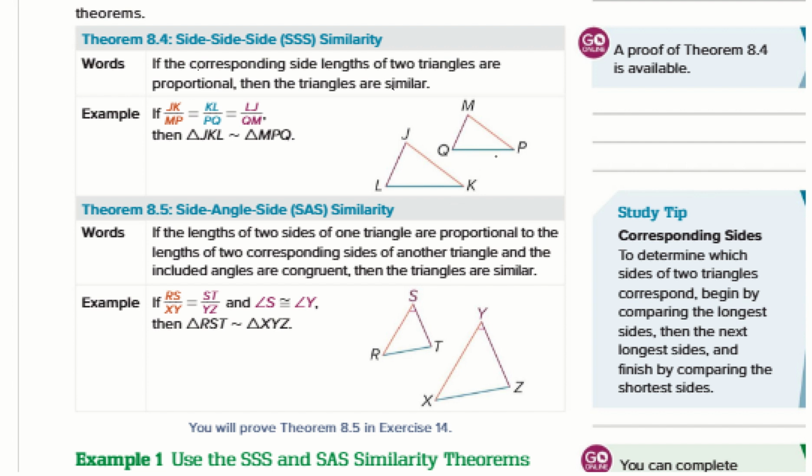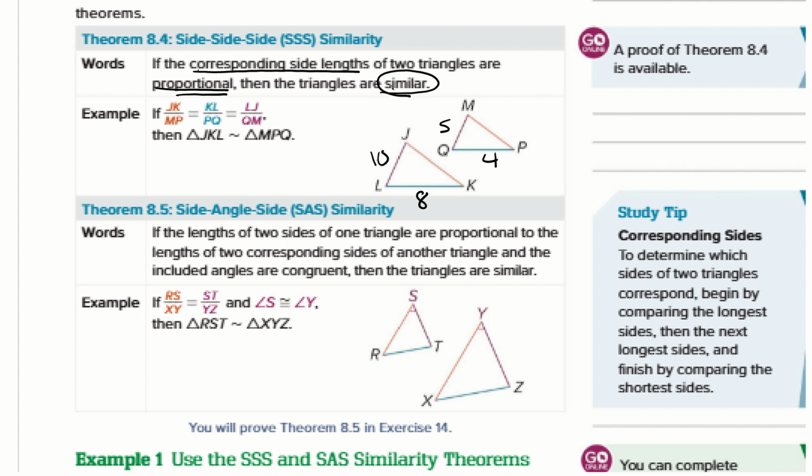If the corresponding sides of two triangles are proportional, then the triangles are similar. So what does it mean to be proportional? That means, for example, if this is 10 and this is 5 and this is 8, then this has to be 4. 10 divided by 5 and 8 divided by 4.